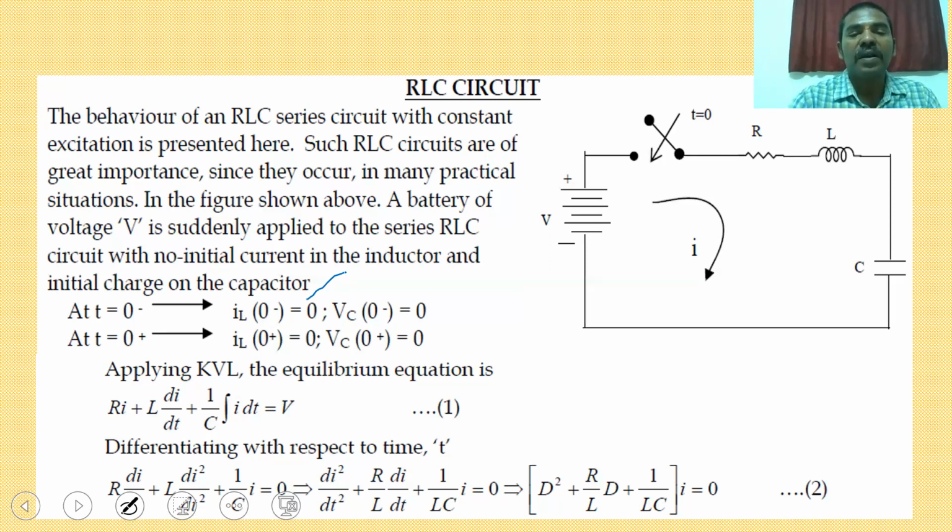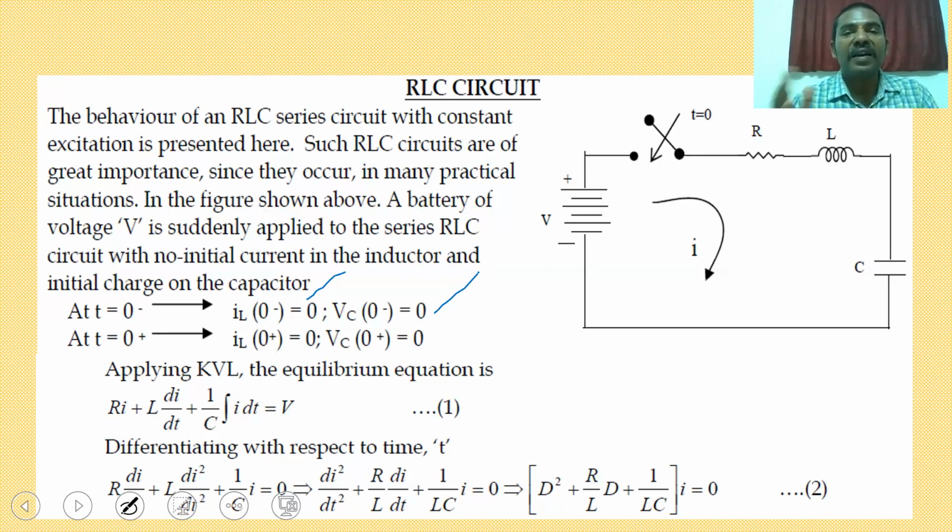The voltage drop across the capacitor is also 0. Then at t is equal to 0 plus, just immediately after the switch is closed, the inductor never takes instantaneous current, so it will be open circuited.